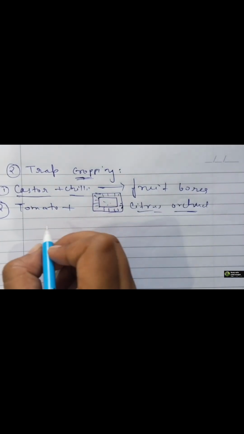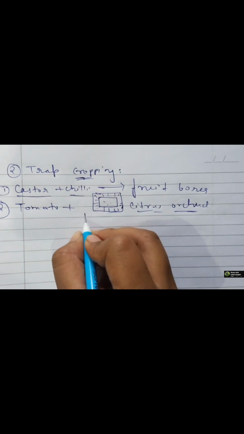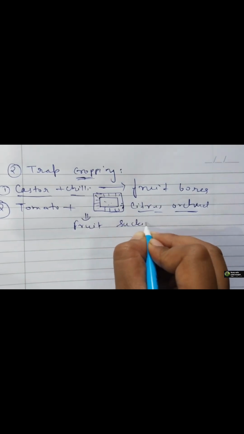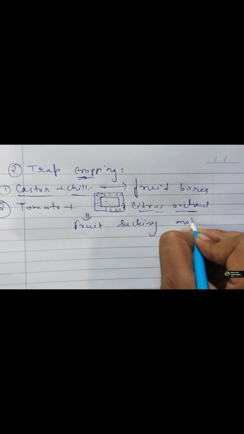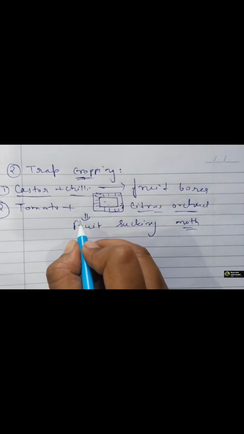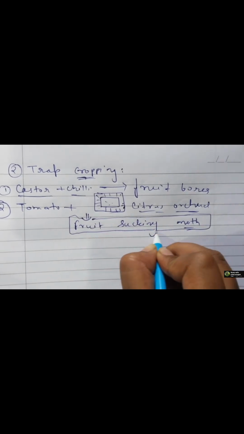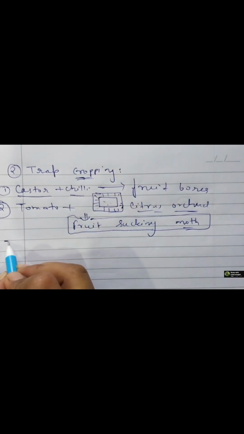In the citrus orchard we can plant tomato so that it can attract the fruit sucking moth. Sometimes they ask the question about the alternate host for the fruit sucking moth. So remember it is tomato or some weed families.